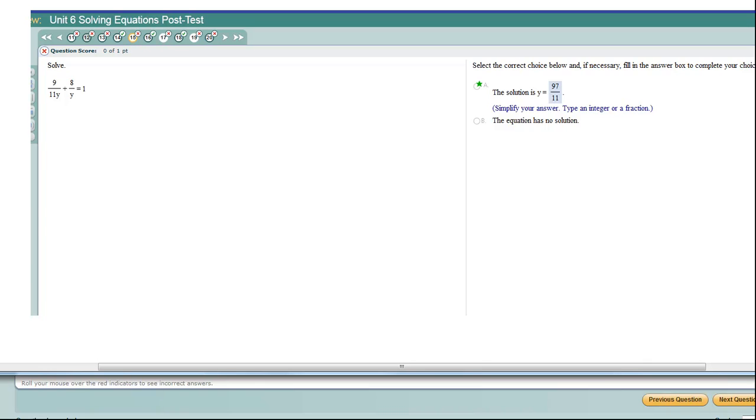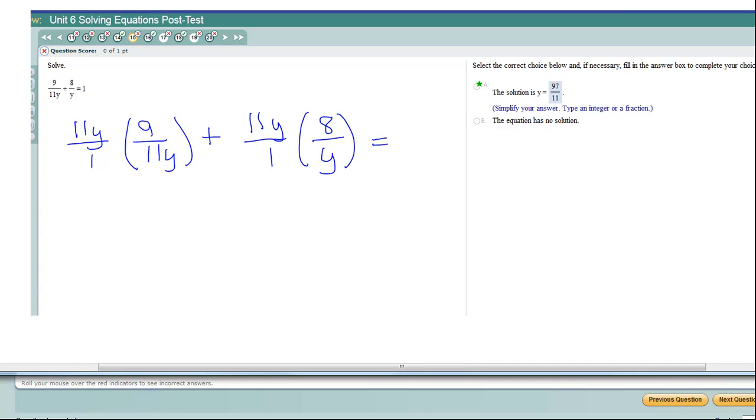So here we want to get rid of the denominators. Why? We don't like fractions. So if we multiply through by 11y, everything on both sides, I think that that should get rid of all the denominators. And it's legal for me to do this just as long as what I do to one side, I do to the other to keep the equality.